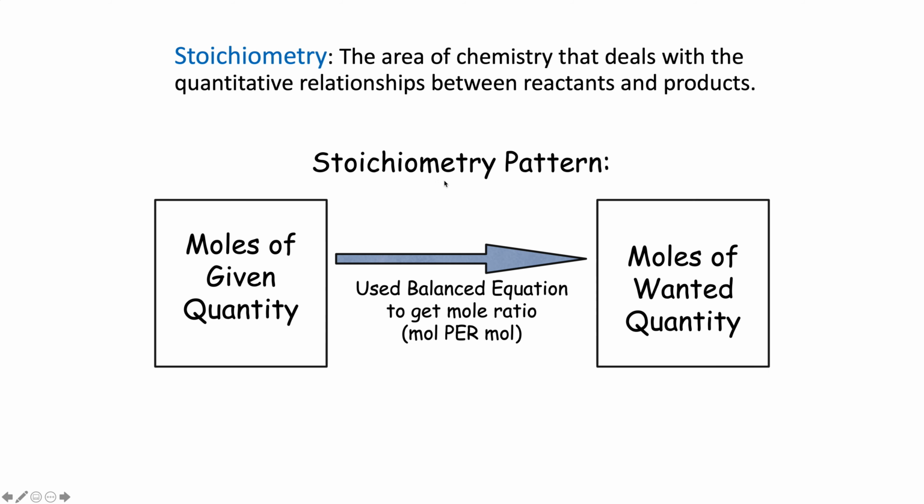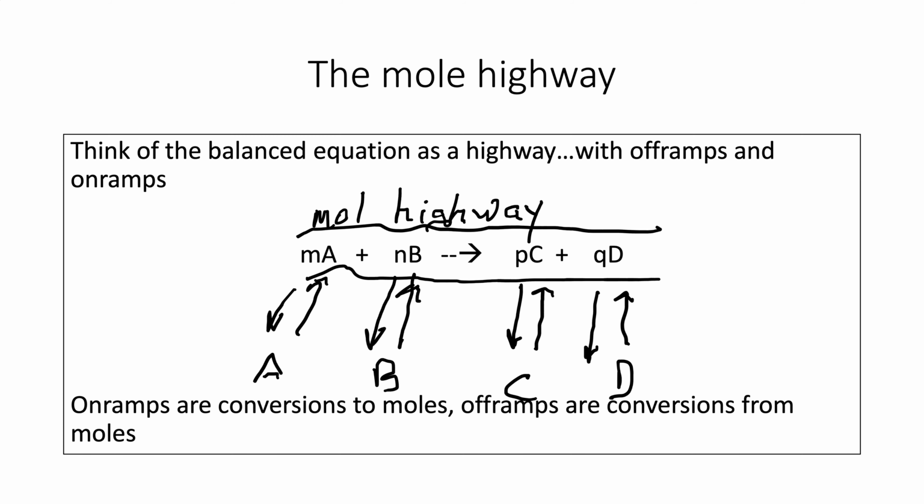So the idea is that the stoichiometry part, the balanced chemical equation, is a mole-mole conversion. Now you've done mole-mole conversions before, in the context of chemical formulas. Chemical formulas are mole ratios as well. So like I said, think of the balanced chemical equation as being like a highway. So the idea of solving a problem is like taking a trip to someplace you've never gone.